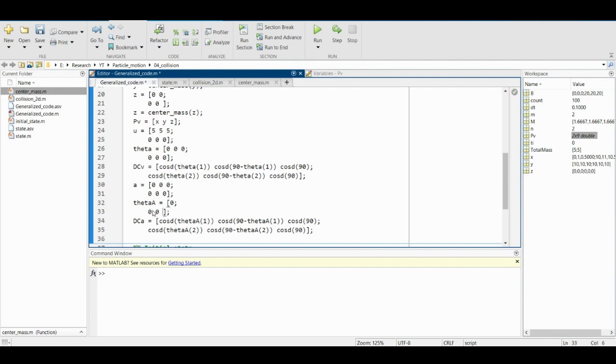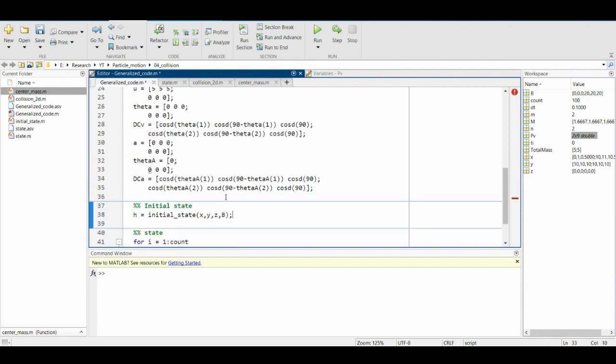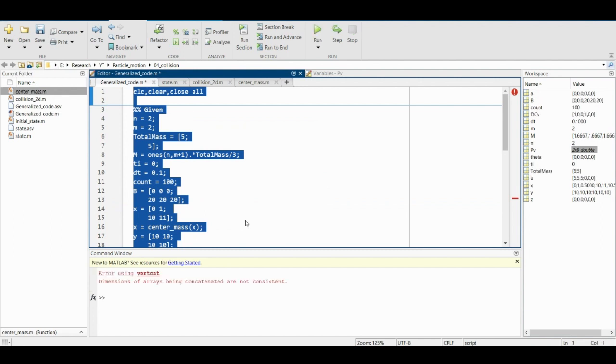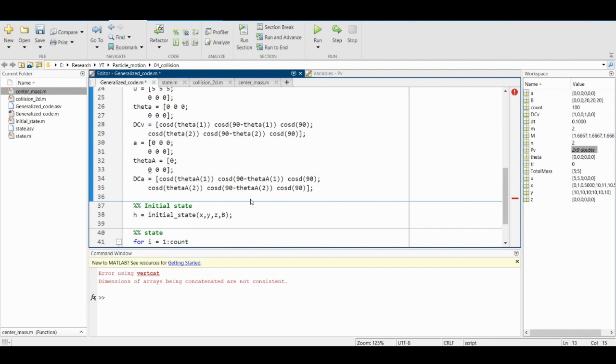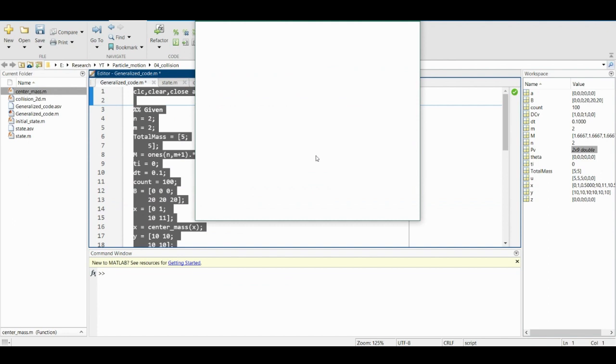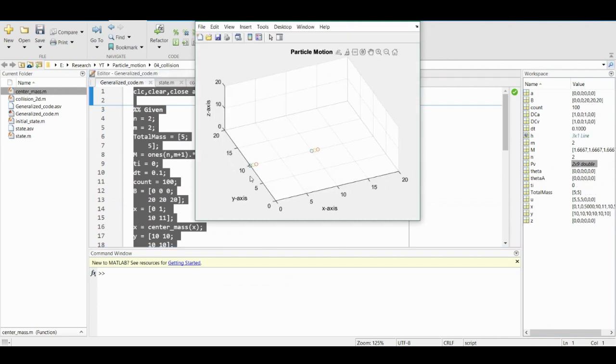Same thing for this, same thing for this, acceleration as well. Let's initialize the first step. Dimensions where we can concatenate are not consistent. Where is it? Let me see. Okay, here. It's working fine.